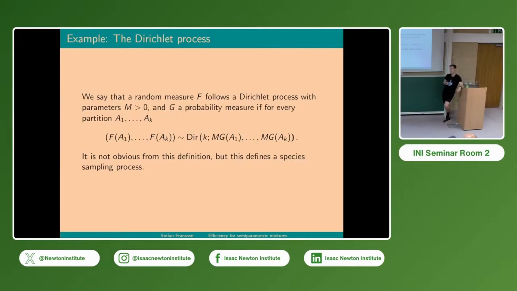So you could try that, but it's still difficult because with a positive parameter, you immediately have a polynomial number of clusters. If you have draws from the prior, the number of clusters is n to the power sigma.